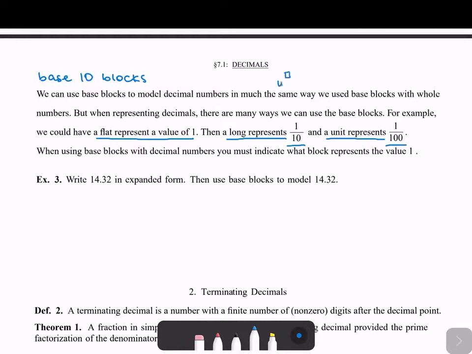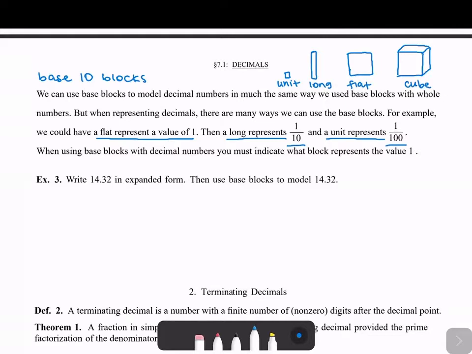So we have a unit, a long, a flat, and then we have this cube. This cube is going to come up a little bit more now that we're dealing with more places. The book calls it a big cube, but I'm just going to call it a cube.